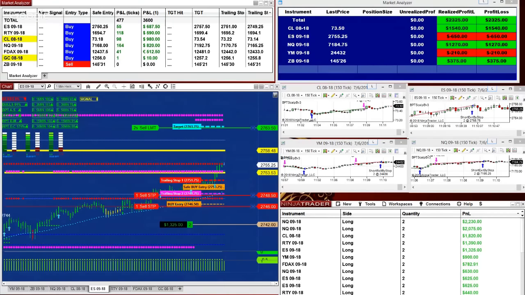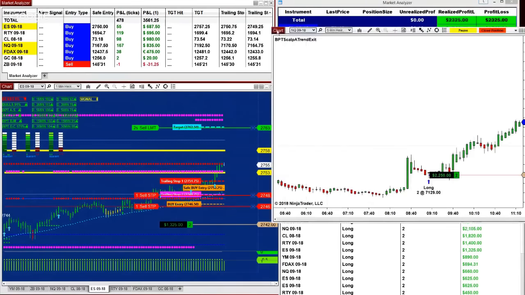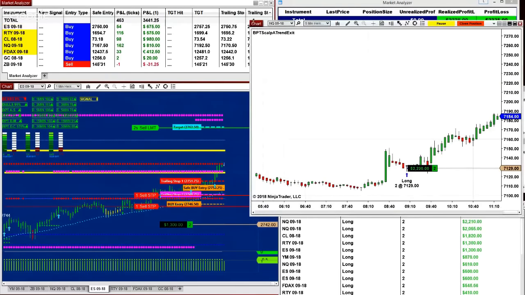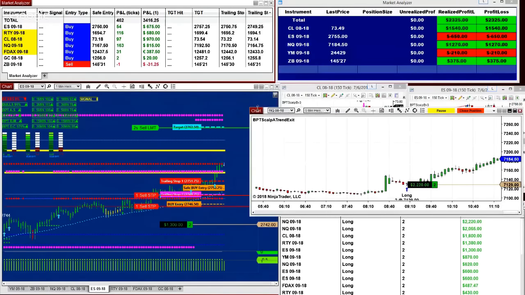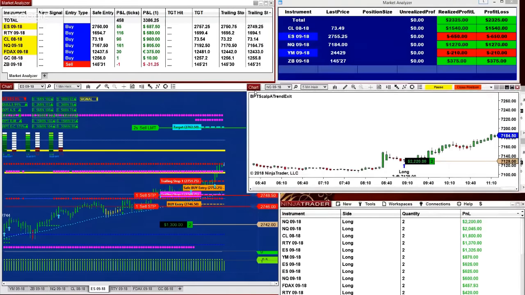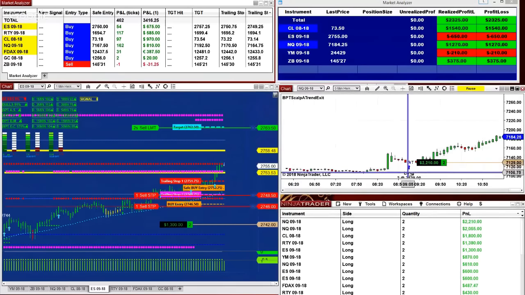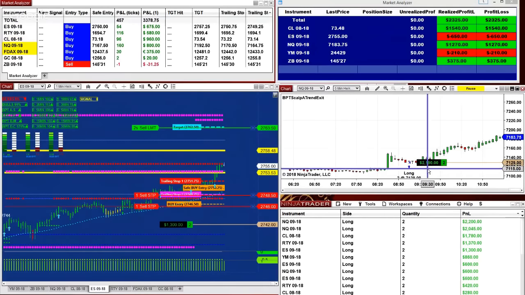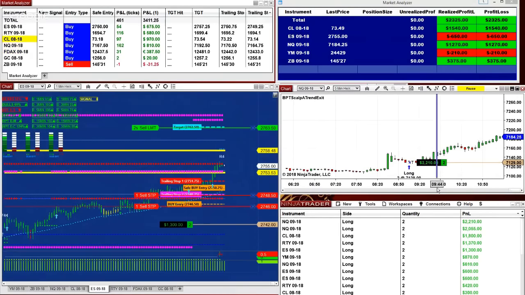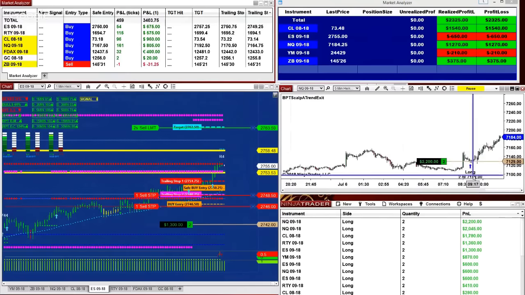So right now on the Nasdaq, the swing trading, we started the auto trade around 9 o'clock, and we have this trade right now on the Nasdaq. Entered the market at 9:05, and we are up to 2200 on that trade. This is not bad at all. This is one of them.